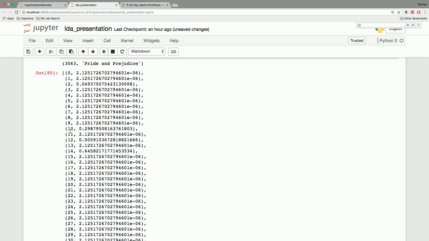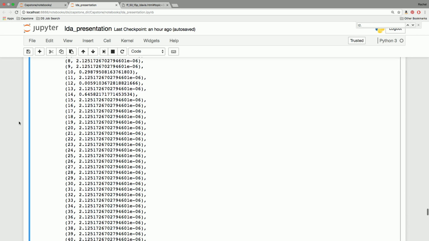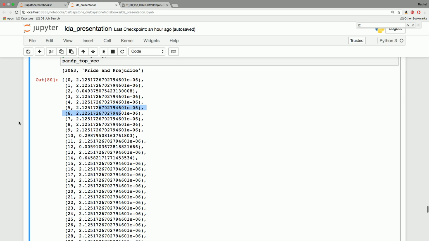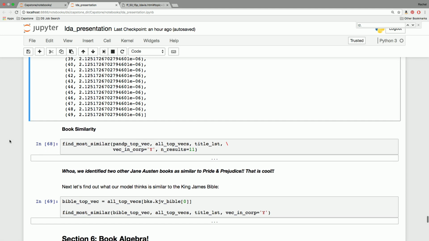The LDA model has decided that Pride and Prejudice is about 30% of topic 10, whatever that is. A lot of these are essentially zero, this 2 to the negative 6, that's LDA's way of saying they're not related. But it's 30% this, 40% that, and so on. We represent that mixture of topics with this 50-dimensional vector, and we're going to do some cool things with those and cosine similarity.